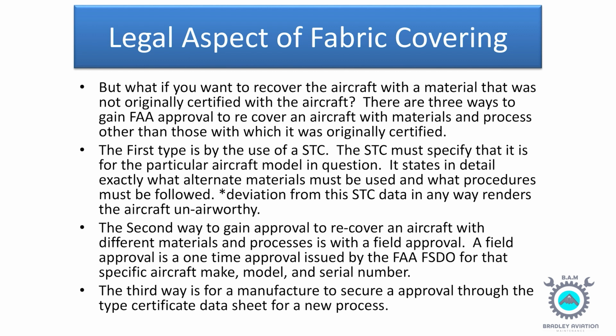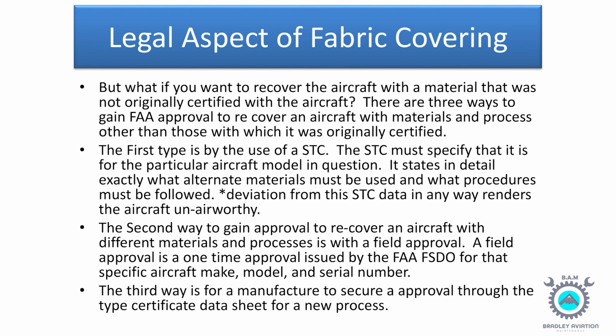The first type is by the use of an STC. The STC must specify that it is for the particular aircraft model in question. It states in detail exactly what alternate materials must be used and what procedures must be followed. Deviation from this STC data in any way renders the aircraft unairworthy.